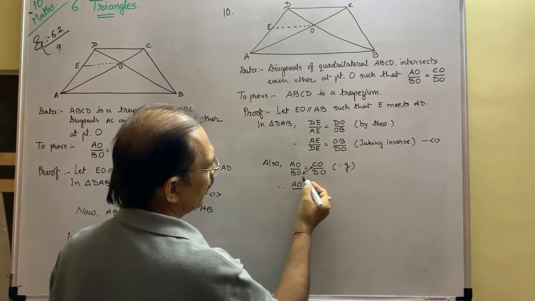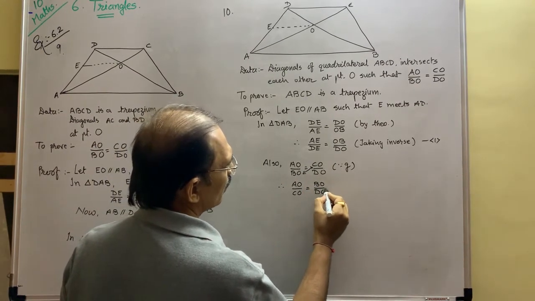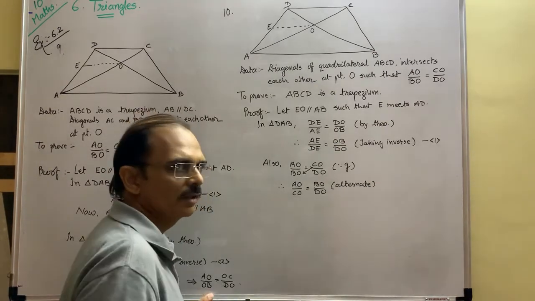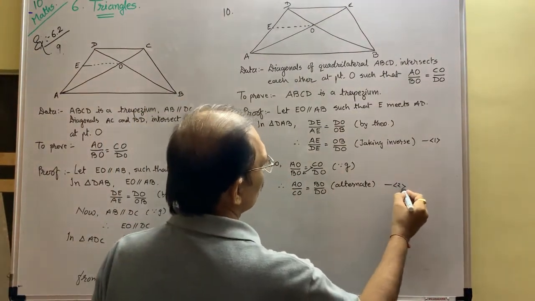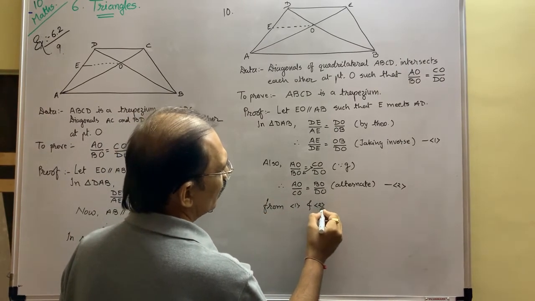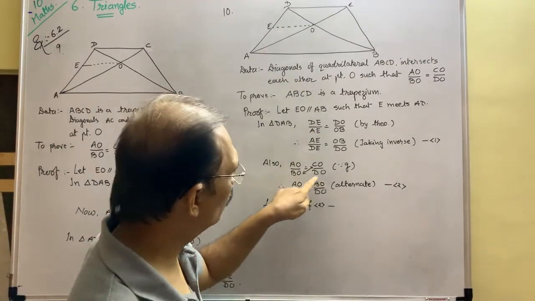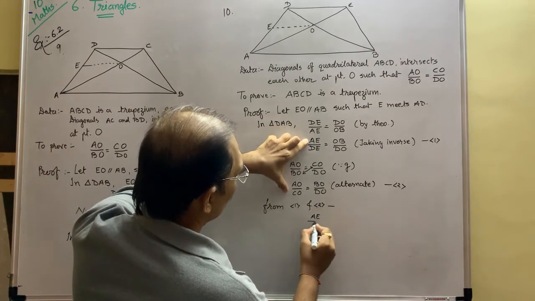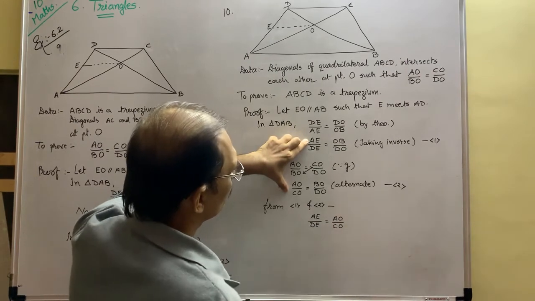AO keep it as it is, take CO this side and DO this side, alternate, cross, call it result number 2. So from 1 and 2, compare. See right side, OB upon DO, here also BO and OB are the same, so these two are also equal. I can write AE upon DE equals AO upon CO.